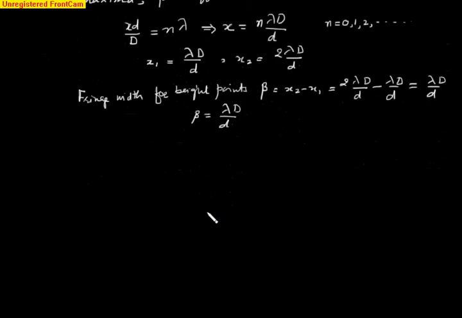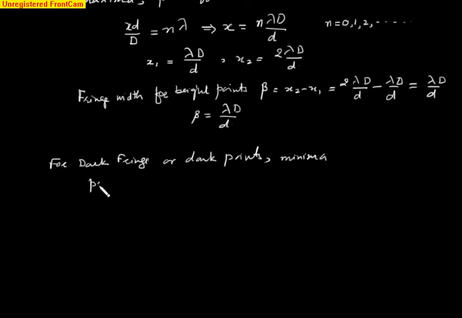Let us now try to find where the dark fringe is. For dark fringes, or dark points, we have minima positions.